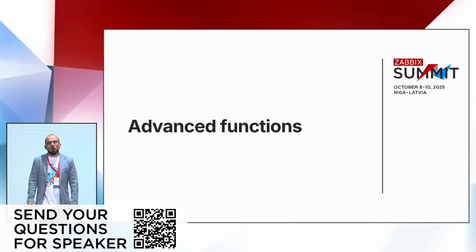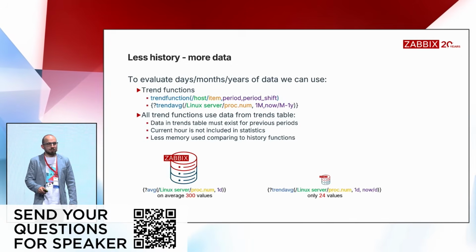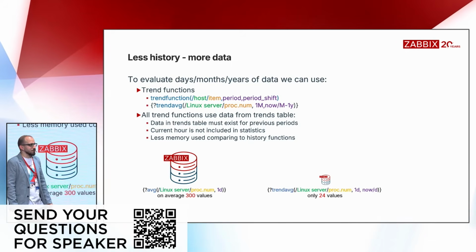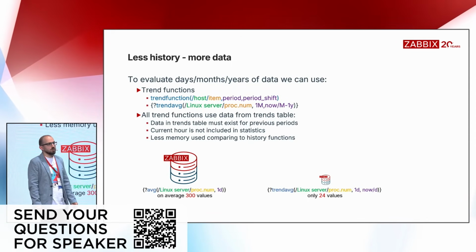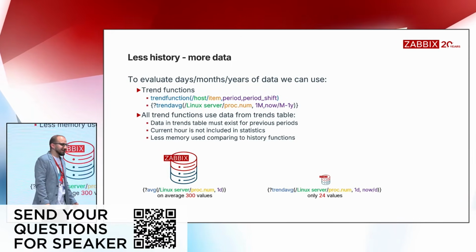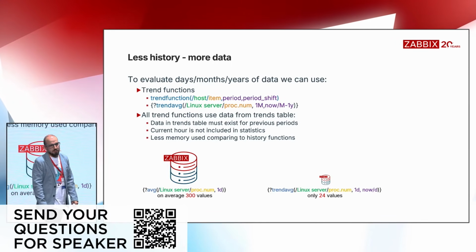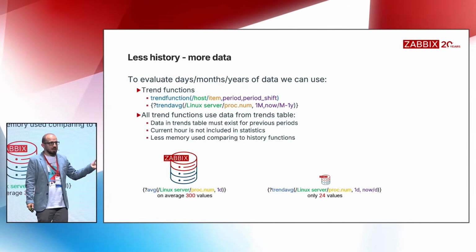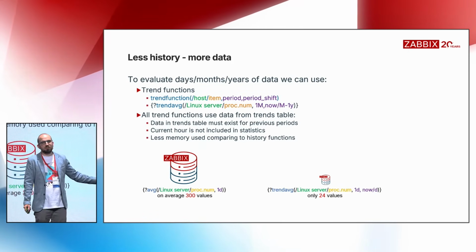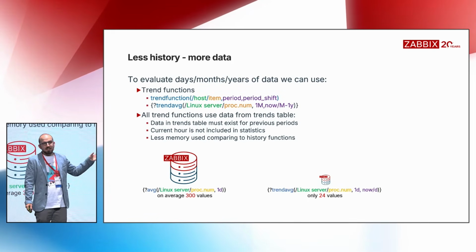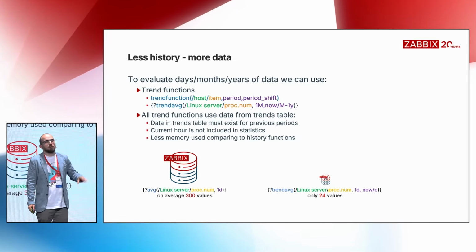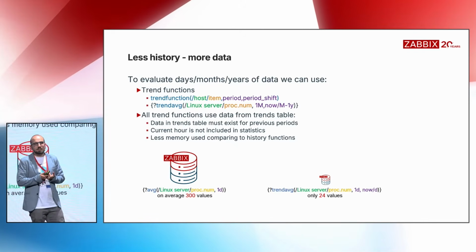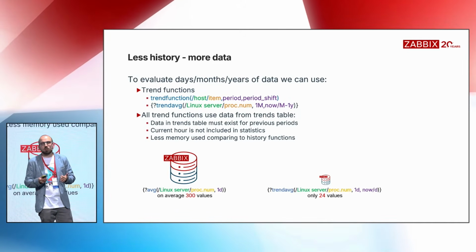But that's not all that Zabbix can actually do. There are a lot of advanced functions like trend functions, which allow you to work with huge amounts of data without using a huge amount of resources, right? The trend functions allow you to look quite far back, for days, months, years, maybe more, depending on how far you want to go, and use that data to compare it to what you have now.